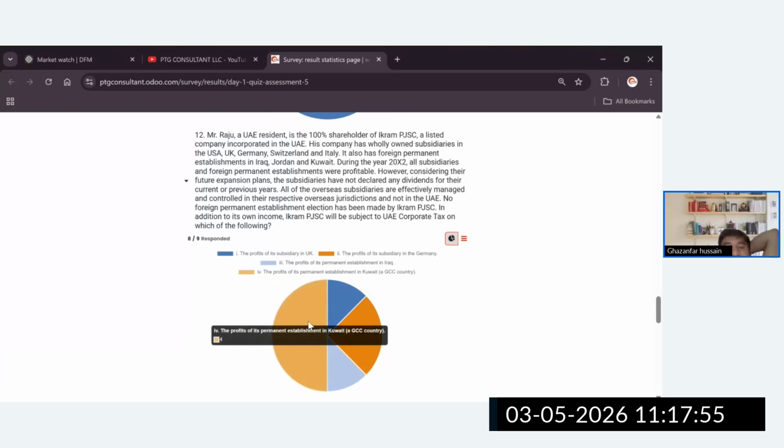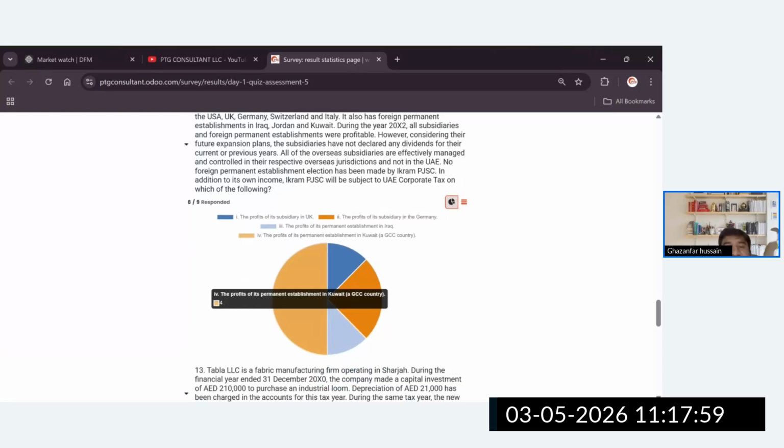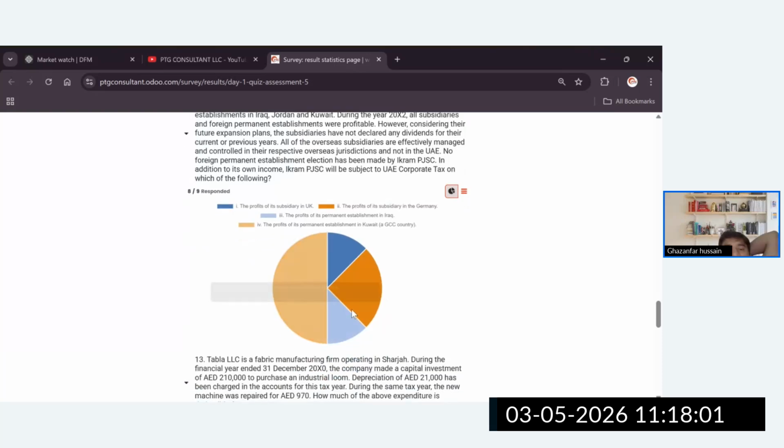Four people chose this, and I think one person here, two people here, one person here. These questions are taken particularly from the activity exercise, which will enhance your understanding for the application of the knowledge.